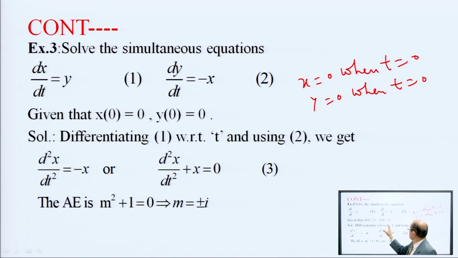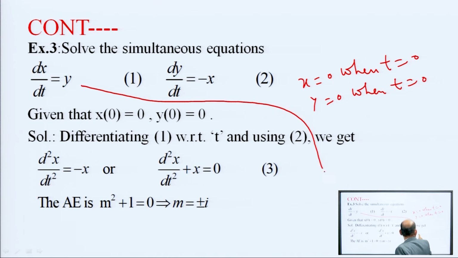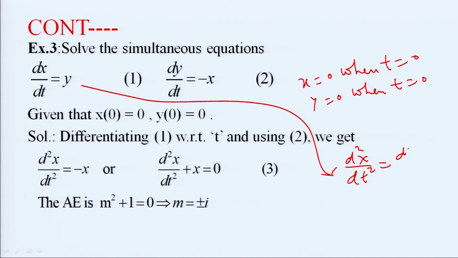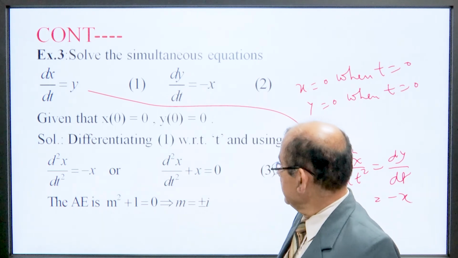Differentiating 1 with respect to t using 2, we get d2x by dt square is equal to dy by dt, and dy by dt is equal to minus x using 2, means d2x by dt square is equal to minus x, or d2x by dt square plus x is equal to 0.